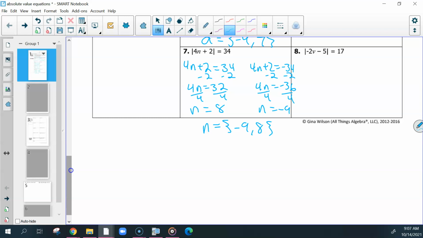Any questions so far? Like I said, it's like solving, it's just with an extra step. So far, this is not hopefully too complicated.